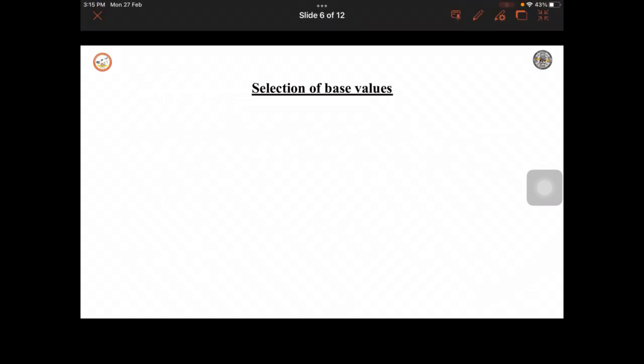So how to choose the base values, that is very interesting. The first thing we have to do is choose the base voltage VB represented in kilovolts, and SB is the base power which will always be in MVA.